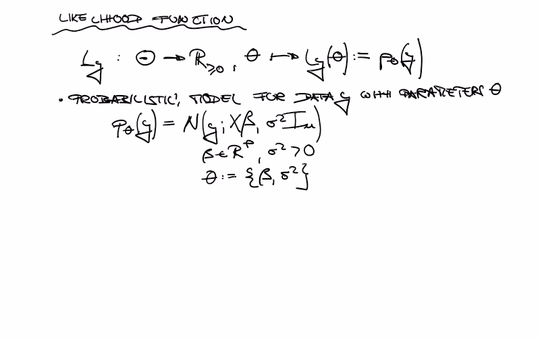So this is the thing that you need to do if you want to do a maximum likelihood estimation. You first have to define a probabilistic model for some data which depends on some parameters. If you don't have a probabilistic model, then nothing works. So this is why probabilistic modeling is great. The other thing is, if you want to do maximum likelihood estimation, you also need some free parameters.